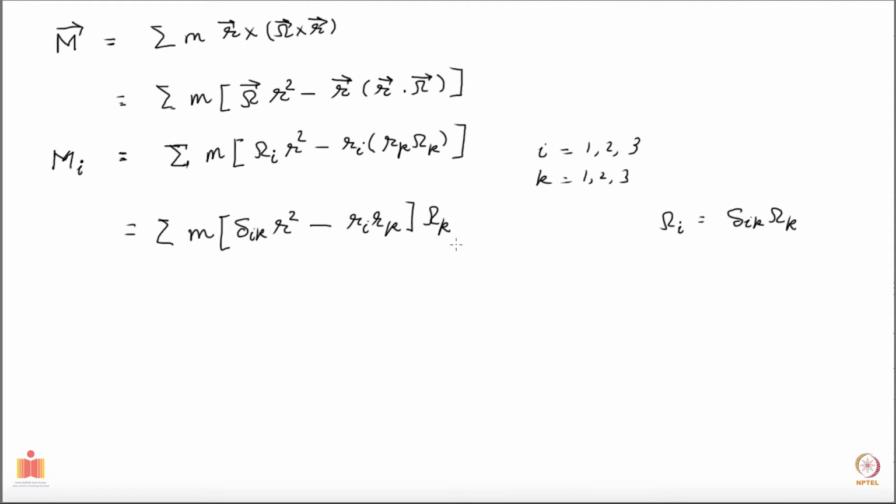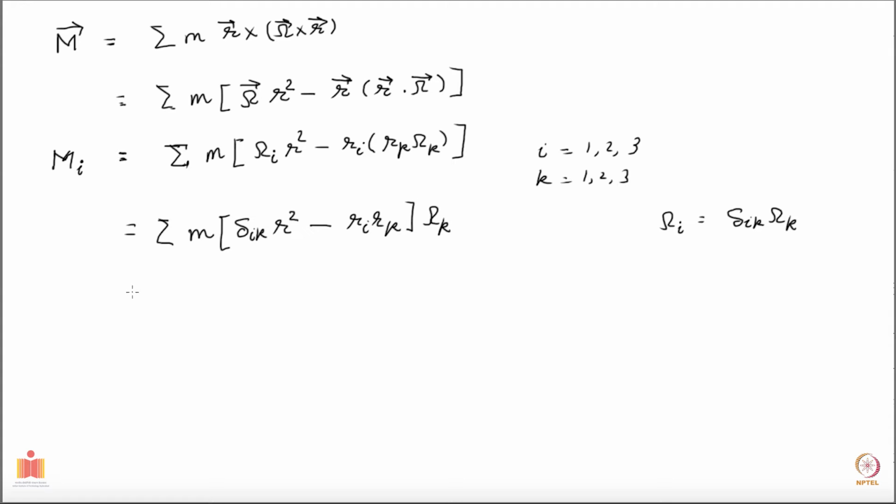Now see, this omega_k is for the entire body, right? This is not specific to this point or that point in the body. So this does not care about the index which this summation, let's call it alpha, carries. Those indices are only on the r's.